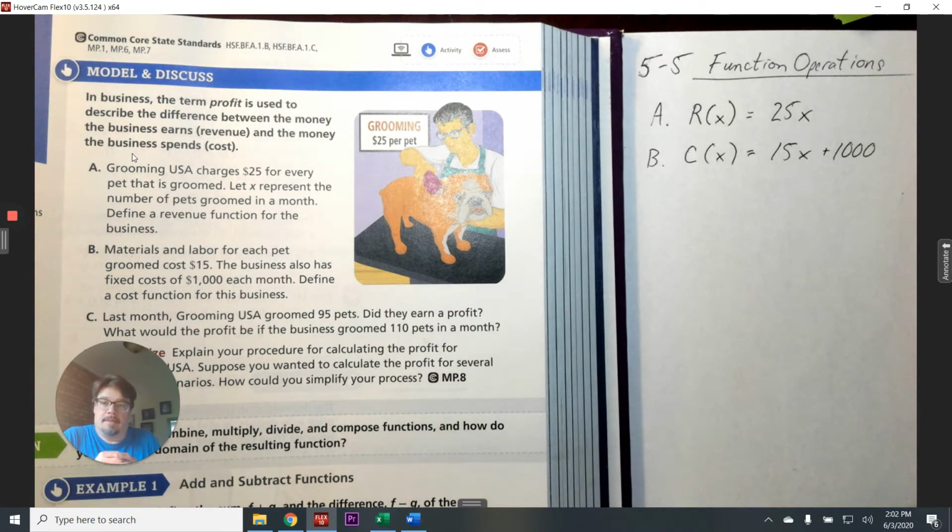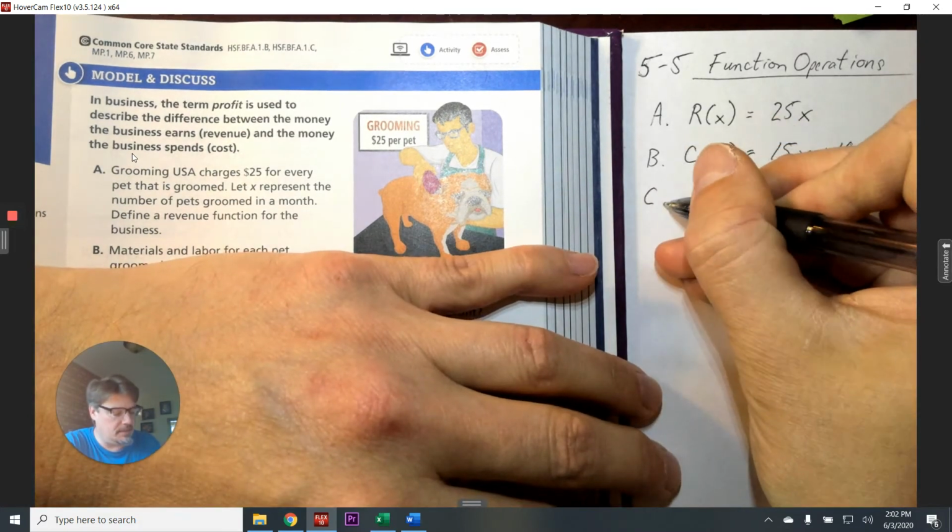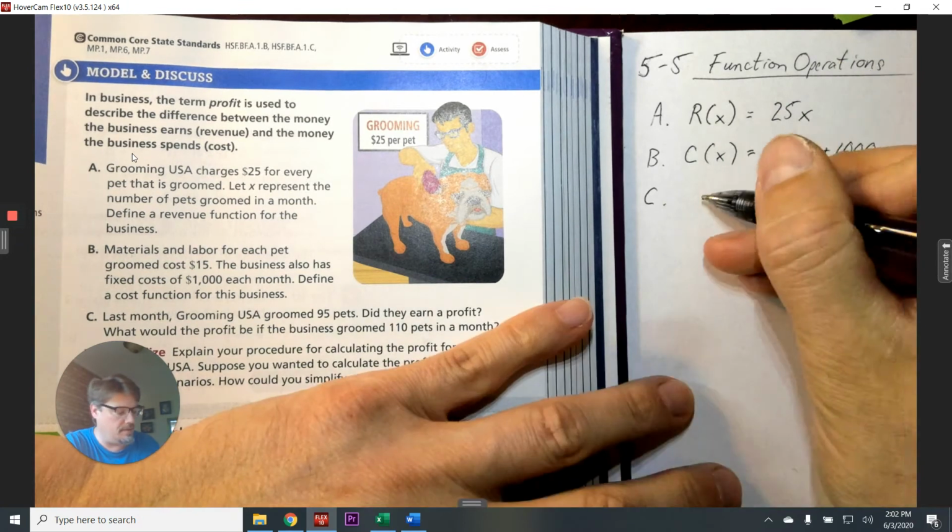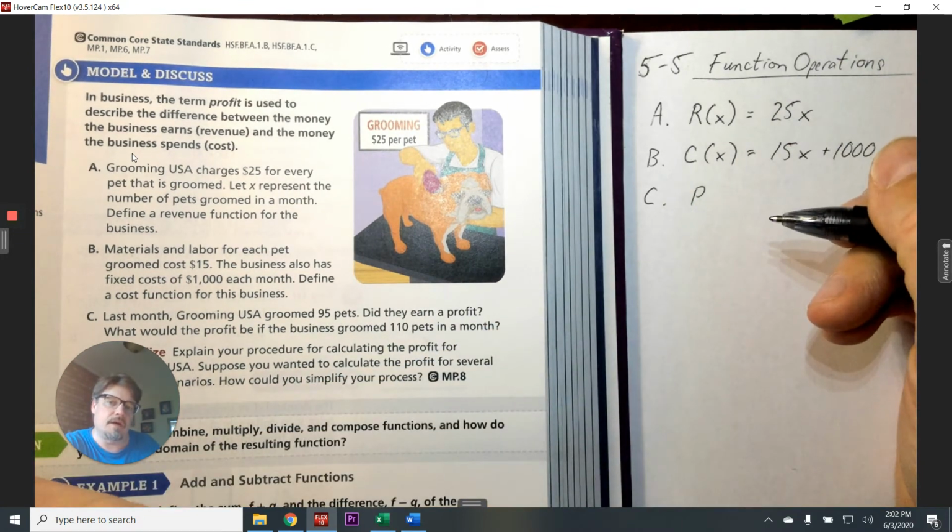Now, if we go to letter C, last month Grooming USA groomed 95 pets. Did they earn a profit? So I hope that you can kind of see that mentally what's happening is that if you want profit, you have a new function.